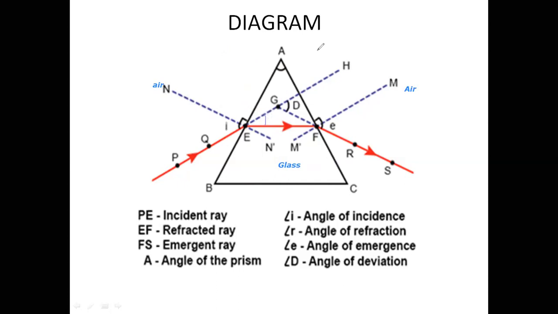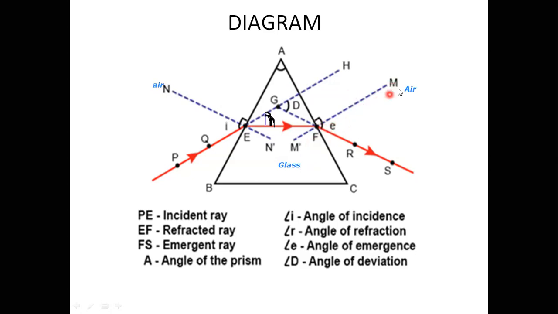You can see a certain angle there. So this is my first angle of deviation. Now again, if you see this ray, it is moving from glass to air.